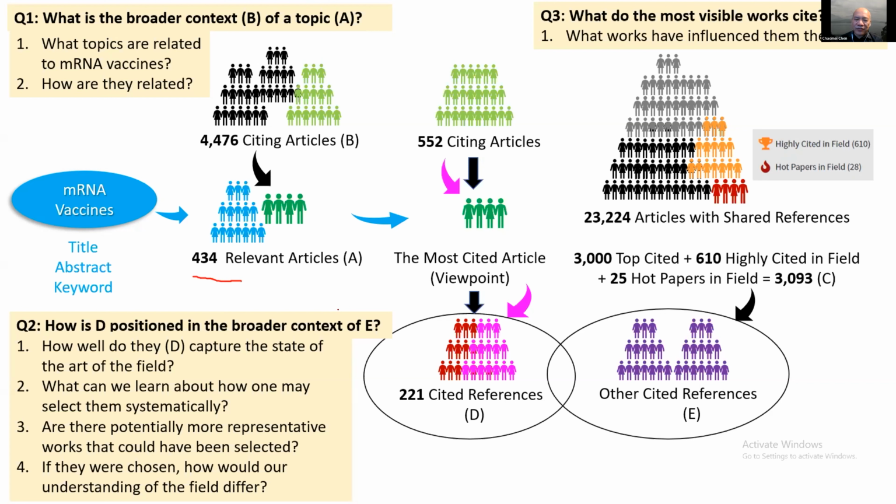And from there, the most cited paper happened to be a review paper, a systematic review or survey of this topic. That paper by itself cited 222 references. So this is still within our humanly possible reading power, to read 220 papers and understand what's going on.